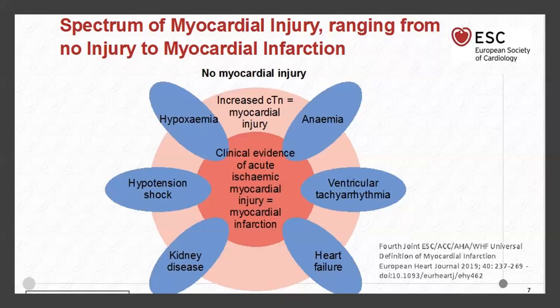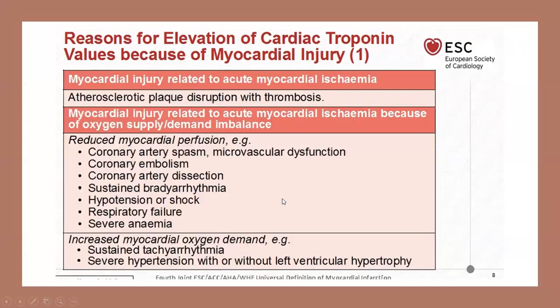There are other disease entities that we need to think of, such as the conditions noted in blue: hypoxemia, anemia, ventricular tachyarrhythmias, heart failure, kidney diseases, and hypertension. All these diseases can cause no myocardial infarction, but an increase in your troponin level. And where you have clinical evidence of an acute ischemic event and an increase in your troponin levels, that's where you suspect acute myocardial infarction.